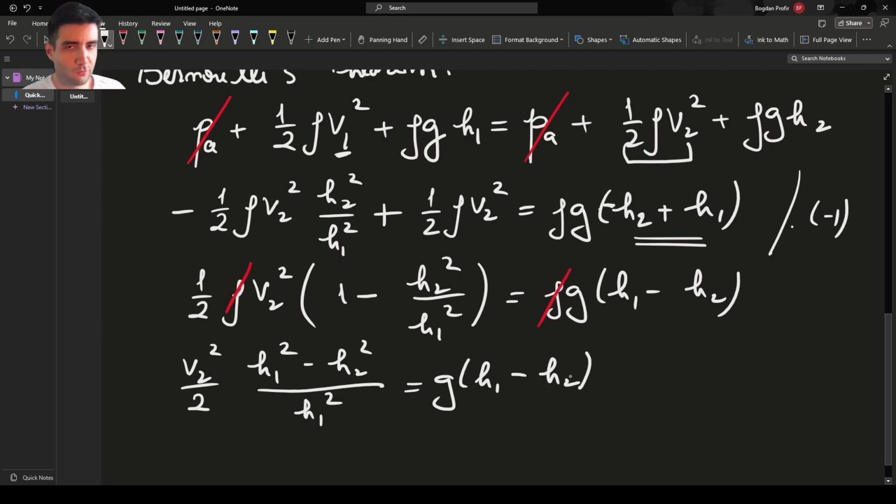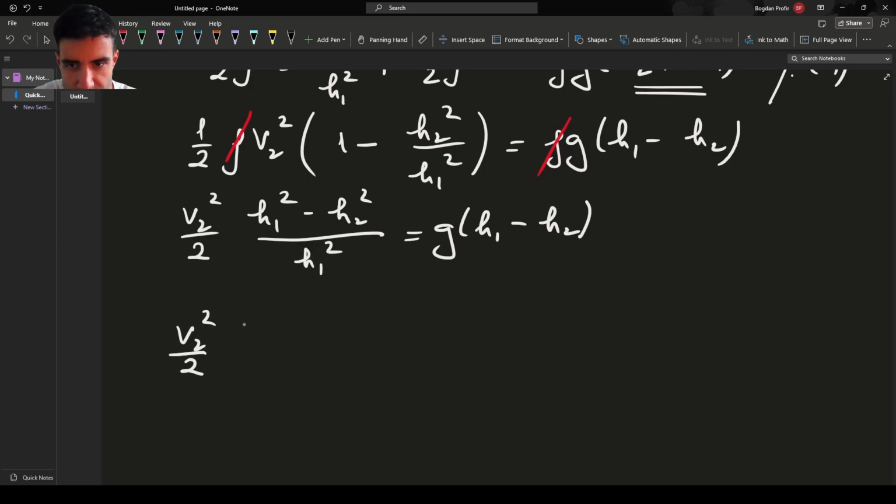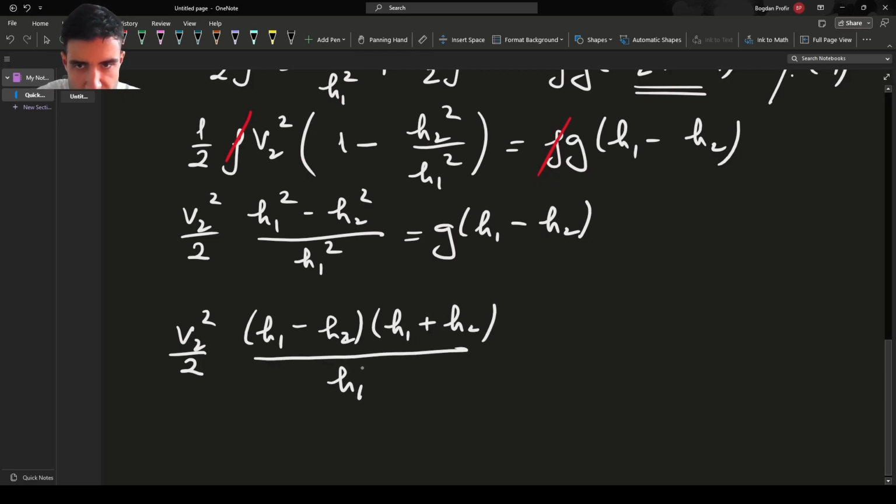And if you look at this closely, you'll realize that there's another cancellation that we can do. So we've got V2 squared over 2, and this is a difference of squares, so it's (H1 minus H2) times (H1 plus H2) over H1 squared, and that's g (H1 minus H2).